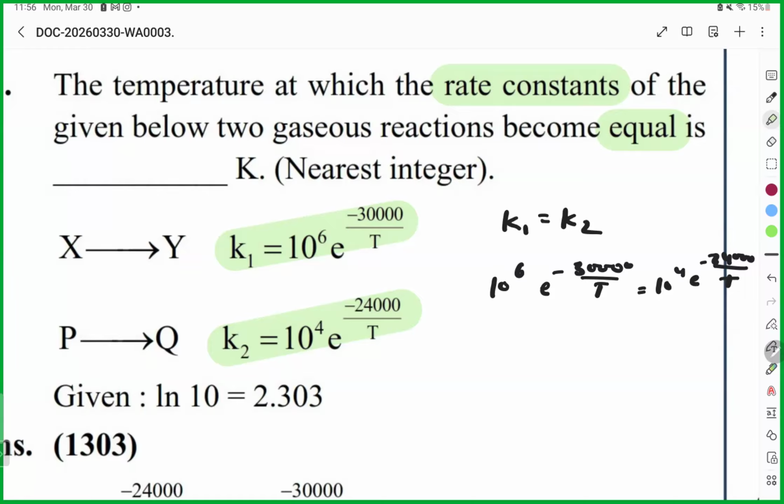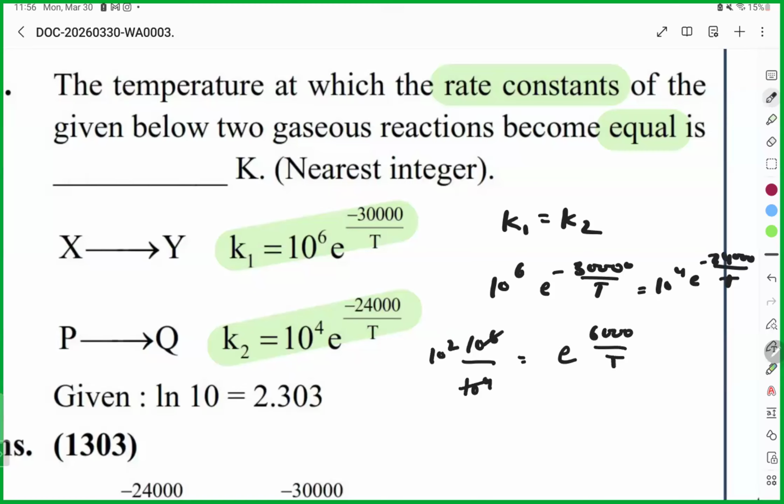So what will happen if you take the other side? 10 raised to power 6 by 10 raised to power 4 is equal to, above you had 24,000, below you will have 30,000. So it will be 6,000 by t. This is 10 raised to power 2. Correct?